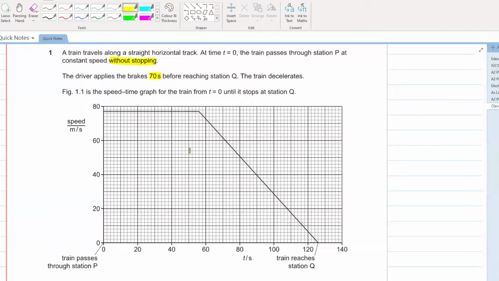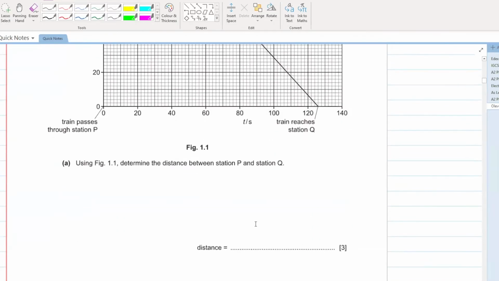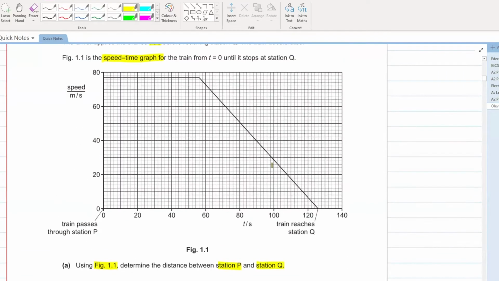Figure 1.1 is the speed time graph for the train from time t is equal to 0 until it stops at station Q. Use figure 1.1 to determine the distance between station P and Q.